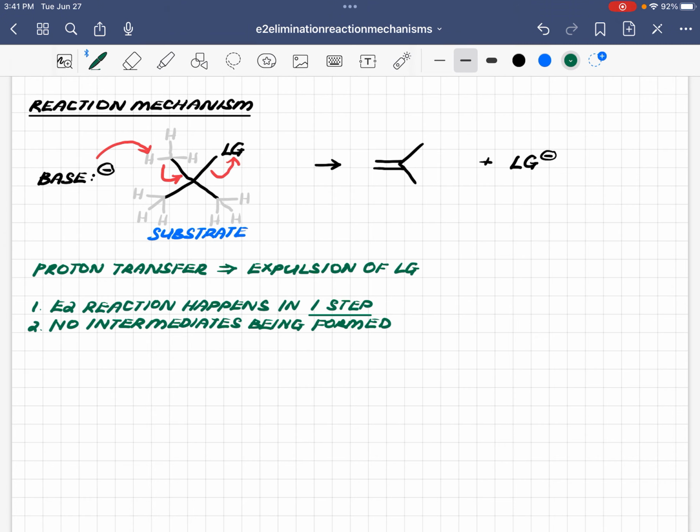We can also note that in an E2 reaction, the rate of the reaction will depend on the base as well as the substrate.